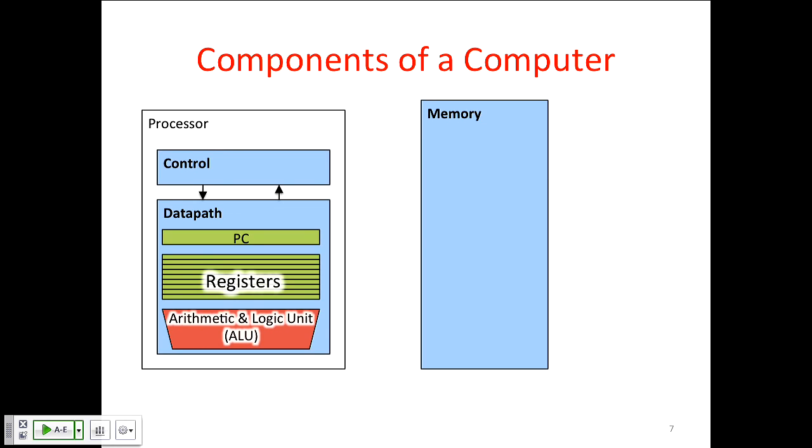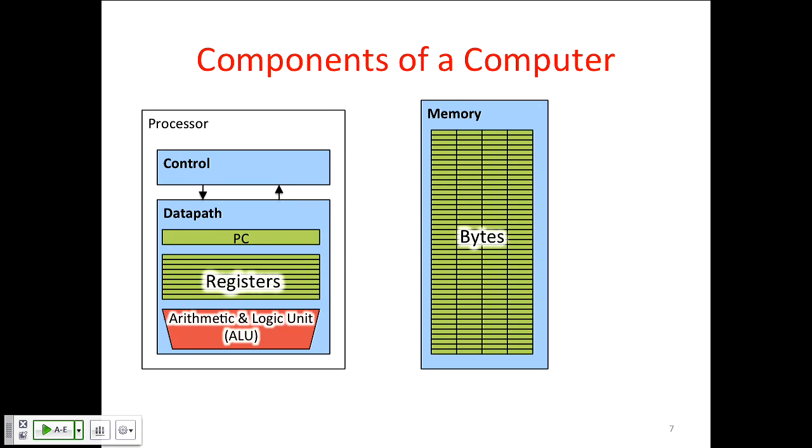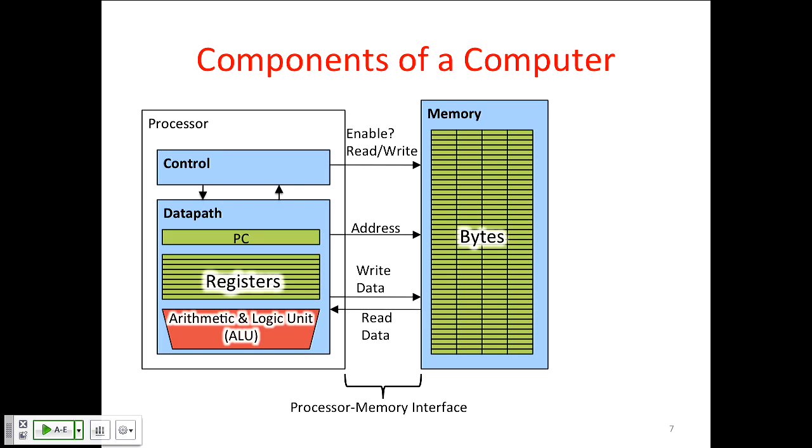And the other big piece is the memory, where all the data you operate on is stored. And these days, this memory is made up of a large array of bytes, 8-bit quantities. So every 8-bit quantity in the memory has a unique address to locate that byte within the whole memory.